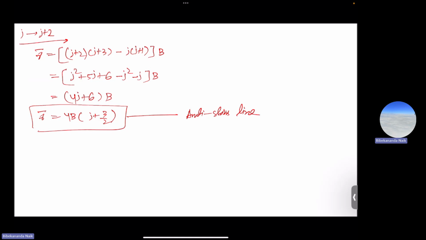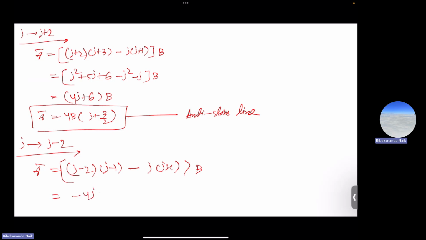Then if the transition occurs from J to J minus 2, in that case it will be J minus 2 into J minus 1 minus J into J plus 1, into B. So if you multiply it, it will be minus 4J plus 2 into B. So the wave number shift will be minus 4B into J minus half.